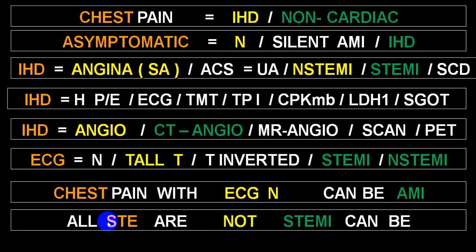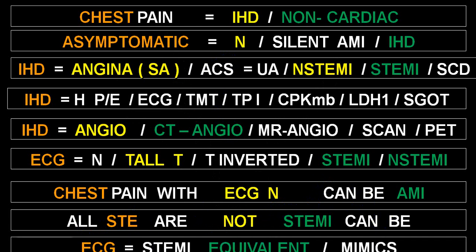That's why we say that all ST elevations are not STEMI. They can be STEMI equivalent or STEMI mimics. But STEMI equivalent can end up with STEMI, while STEMI mimics will not end up with STEMI. That's why they are called mimics, and the equivalents which end up with STEMI are called STEMI equivalents.